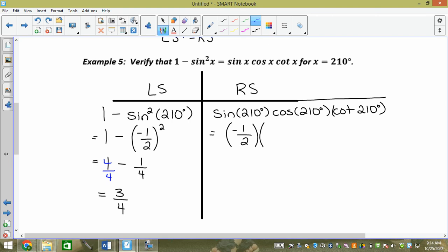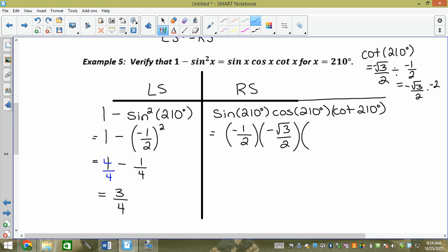Cos of 210 is what? -√3 over 2, yeah. And then cotan of 210 is √3, because we can memorize it, or we can say, okay, it's cos divided by sine, which is -√3 over 2 times -2 over 1, right?